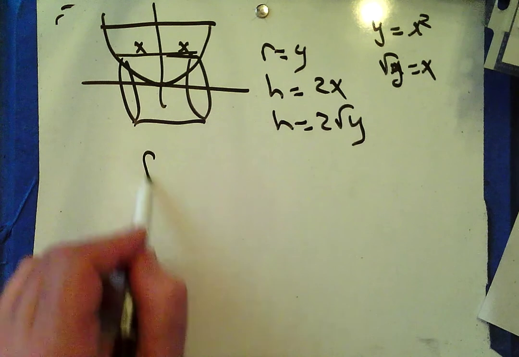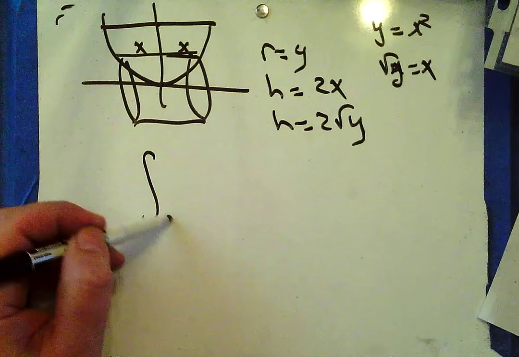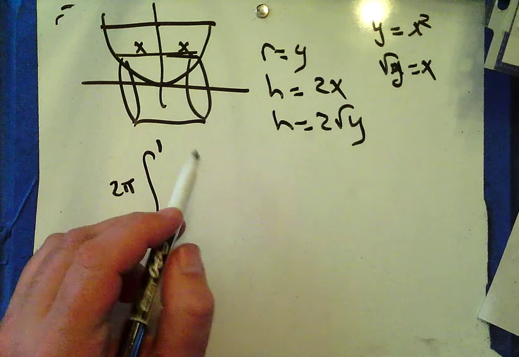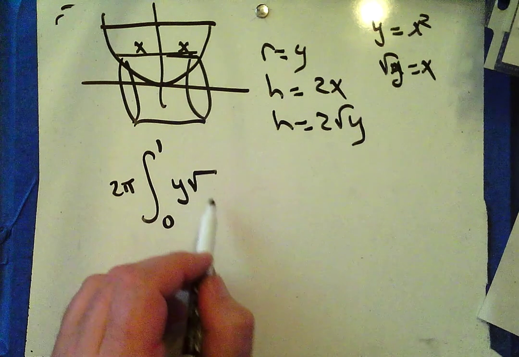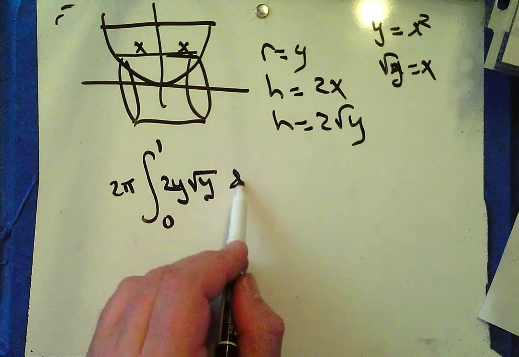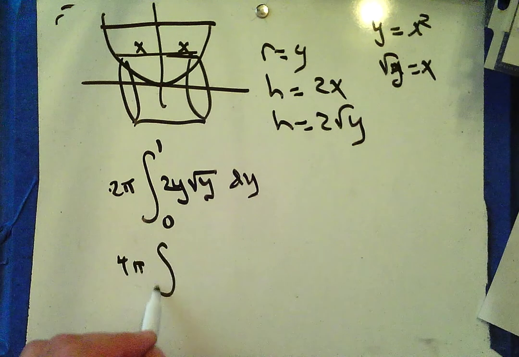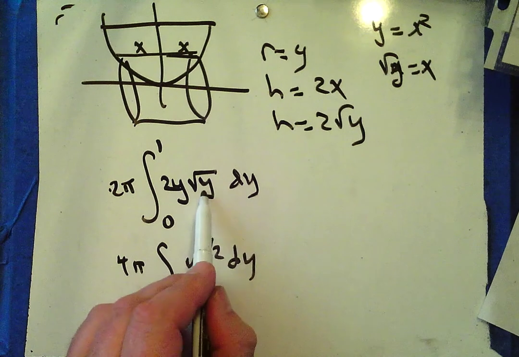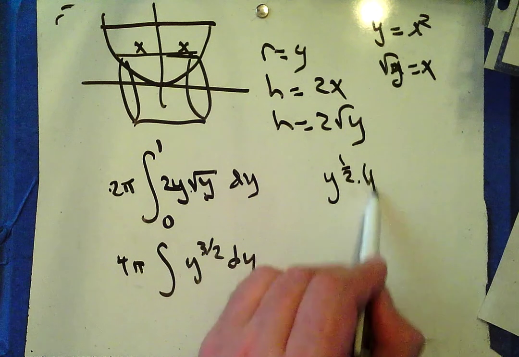So my integral would go from here to here, 0 to 1, would have a 2 pi out in front, would have radius times height, or y times 2 root y, dy. I'm going to pull this 2 out. I get 4 pi integral y to the 3 halves dy. This is y to the 1 half times y to the 1.